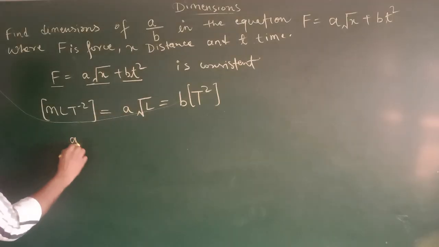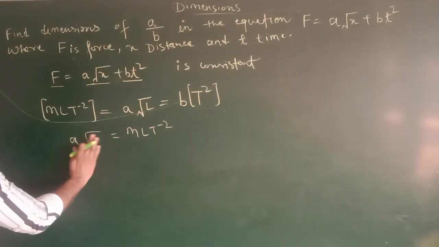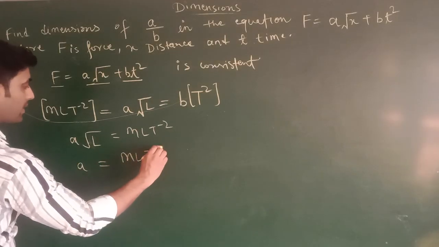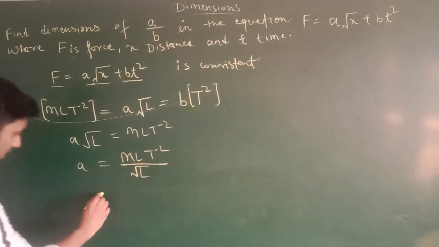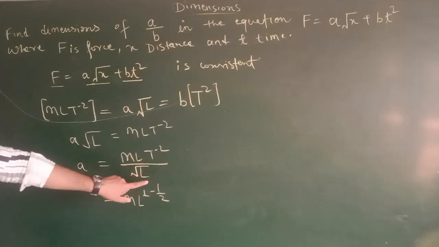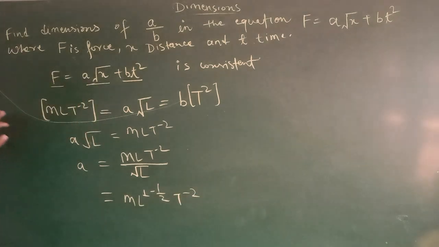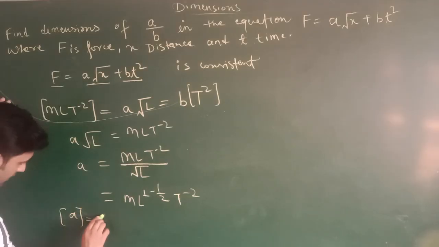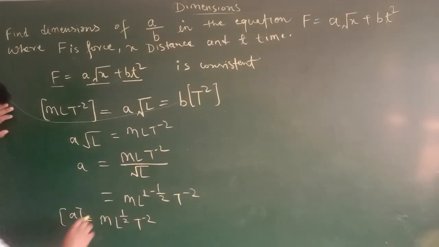Let's compare A root x with MLT^-2. So basically this is A root L. So A is nothing but MLT^-2 divided by L under root. So this becomes M L to the power 1 minus half, when we take out under root L from the denominator it becomes minus half power, and T to the power minus 2. So the dimensions of A is M L to the power half T to the power minus 2. This is the dimensional formula of A.